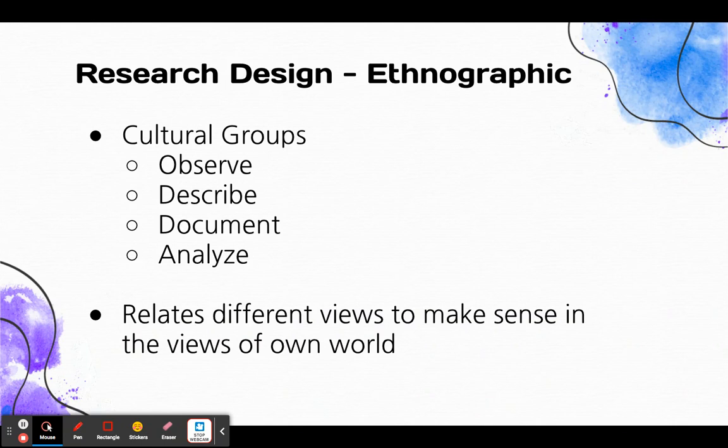In this type of research design, the researcher is trying to take something that's foreign from their world and make it make sense to their world. So they try to describe what is happening in that culture, how it would be related to or similar to something within their culture.